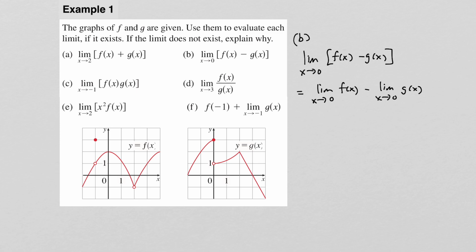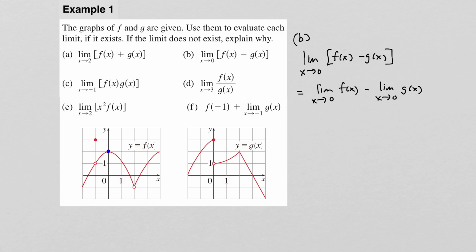Now, what is the limit as x approaches 0 of f of x? Let's look at the graph. So here is the graph of f of x. As x is approaching 0, we can see the values of the function are approaching 2.